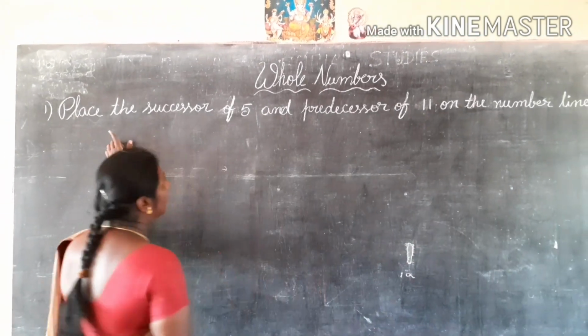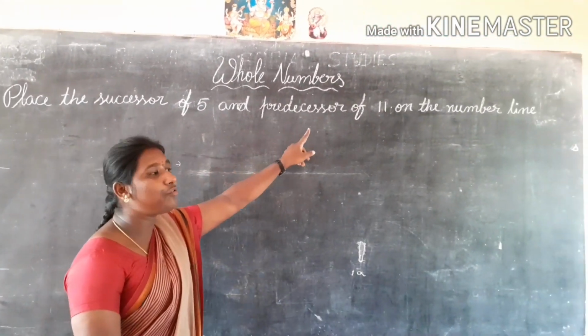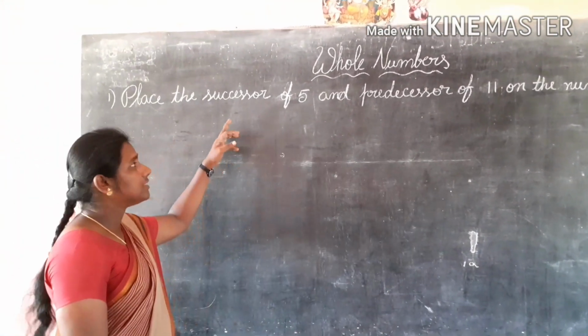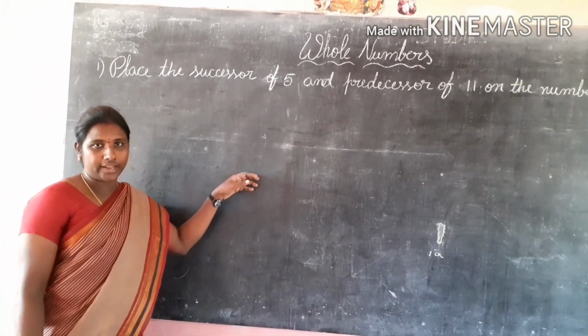See the children, place the successor of 5 and predecessor of 11 on the number line. We have to show the successor of 5 and the predecessor of 11 on the number line.